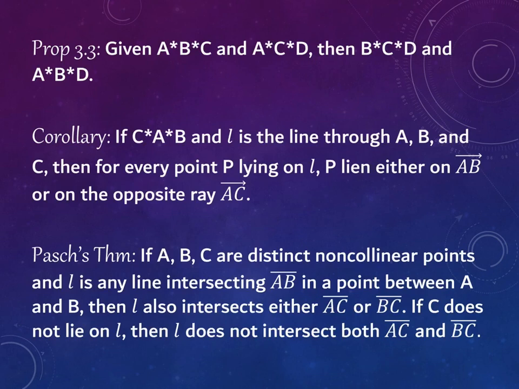So I'll try to draw, I don't have a lot of space on this slide, but I'll try to draw our picture above this. We have 3 points, and we have a segment AB.